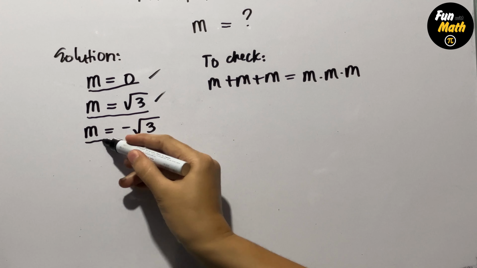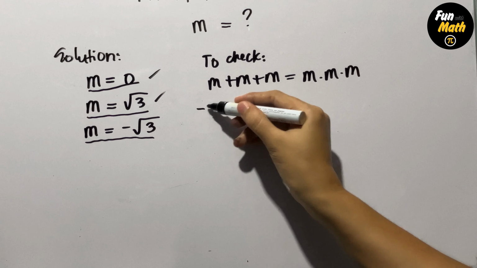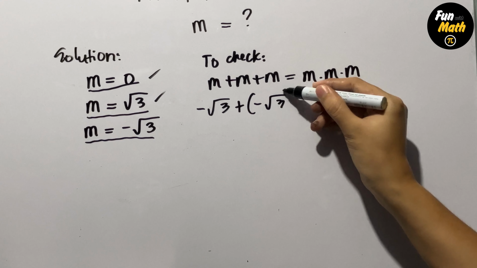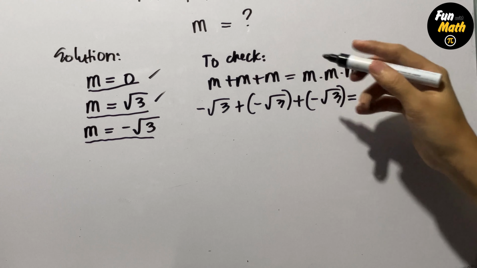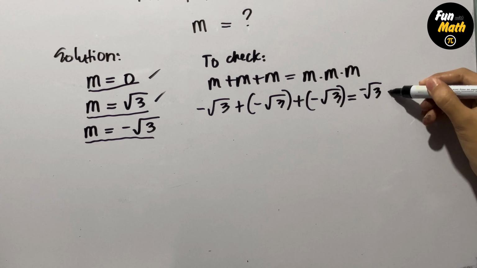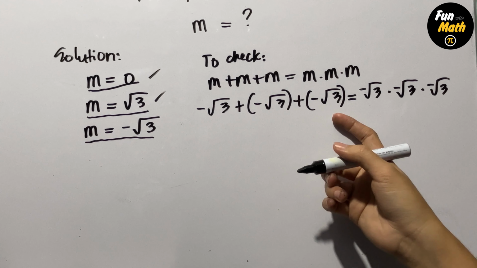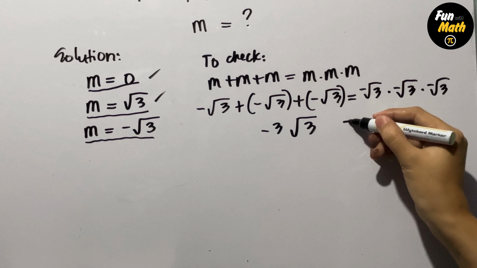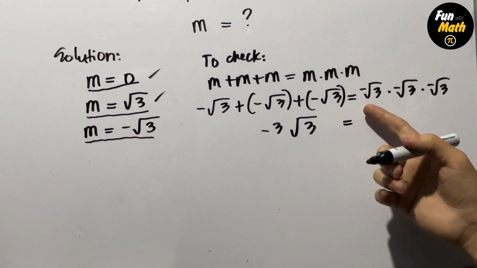Another is m is equal to negative square root of 3. So this is negative square root of 3 plus negative square root of 3 plus negative square root of 3 equals negative square root of 3 times negative square root of 3 times negative square root of 3. Now, if we add this 3 with a negative sign, that is equivalent to negative 3 square root of 3 equals, and then here, if we multiply with a negative sign, let's start with these 2.